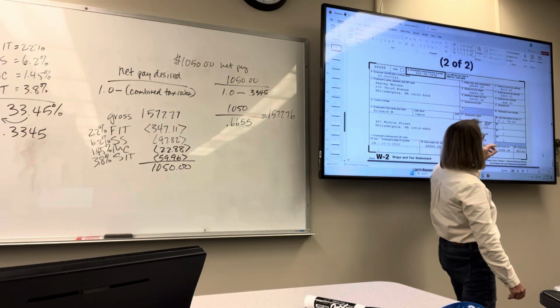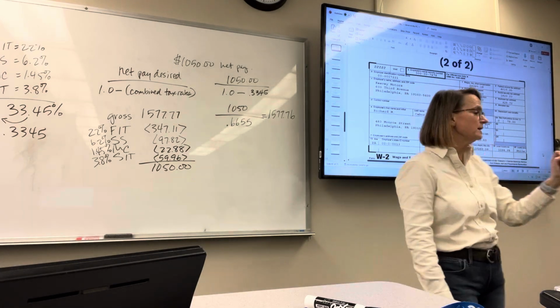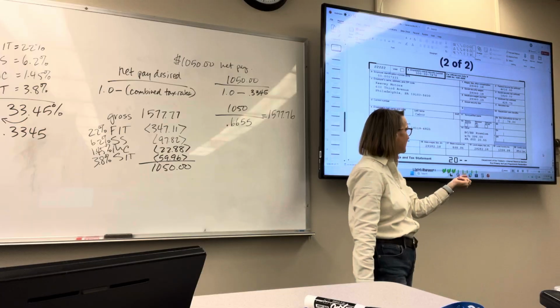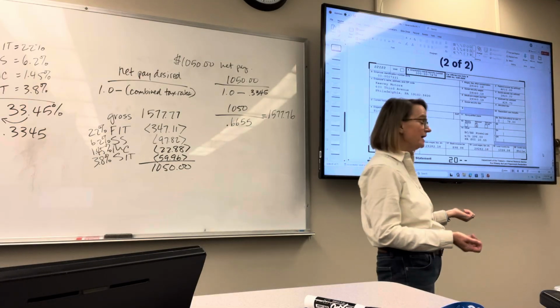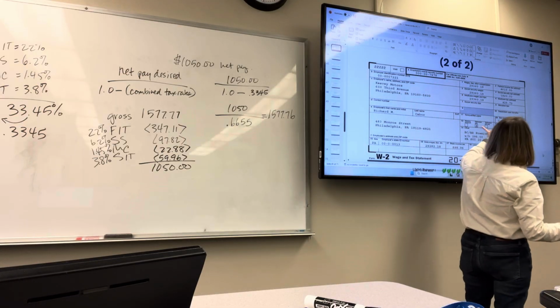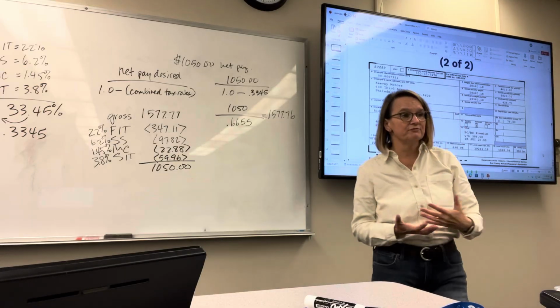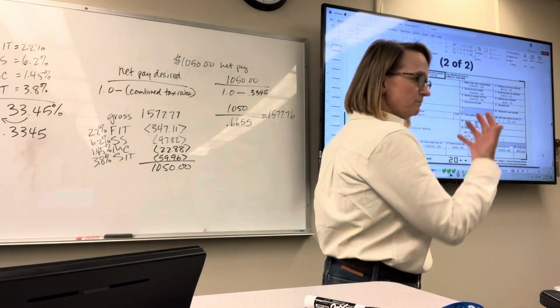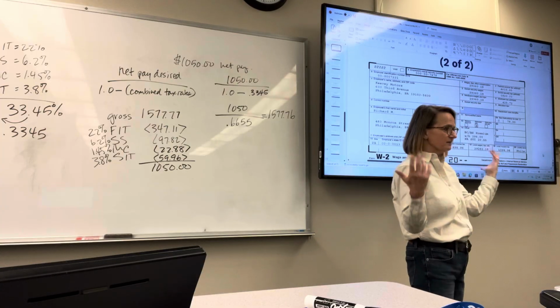Couple other things to point out. Box 13, you can see there are some check boxes there. One is for if the employee is a statutory employee. One is if the employee contributed to a retirement plan, which is checked here. So that's how I know that's code C. And then there's also one for third-party sick pay. That would be for disability pay if it was being issued by some disability insurance provider, AFLAC, something like that.